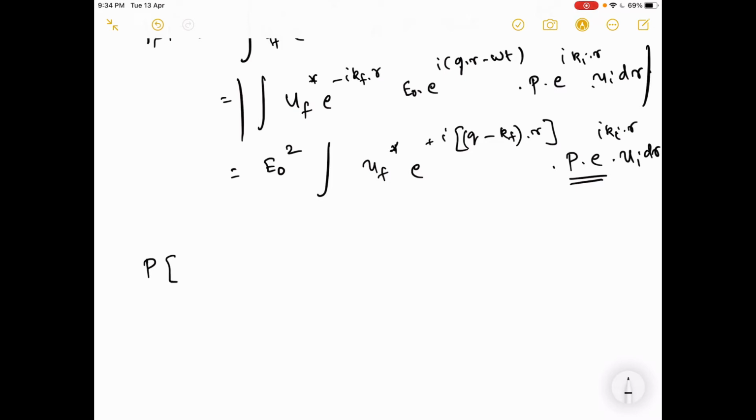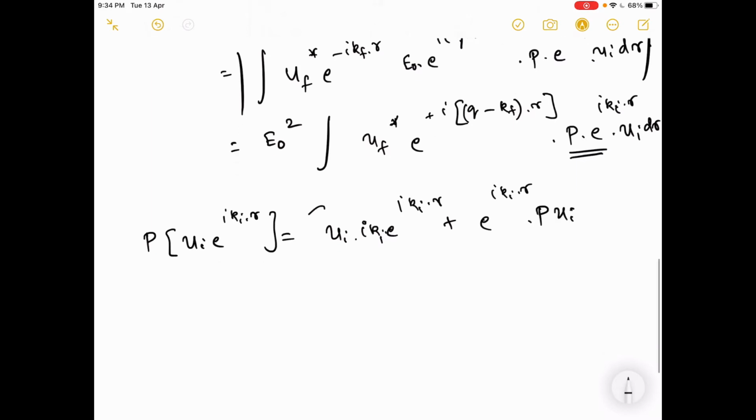So you have to use the product rule. ui e power i ki dot r can be written as ui into P acting on i k dot r, which will give you i k into e power i ki dot r, plus e power i ki dot r into P acting on ui. This is something that you don't know, right? So this is this product.